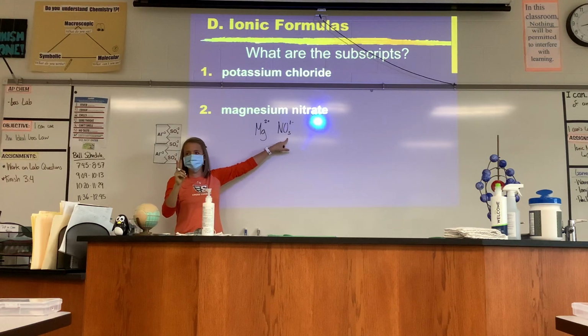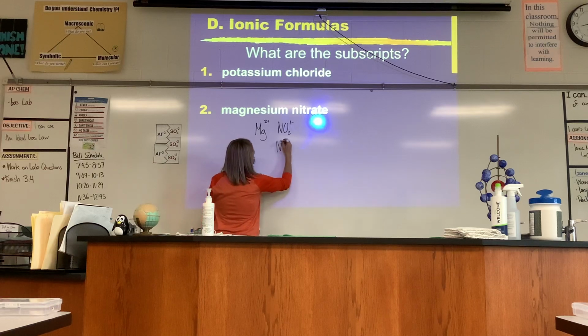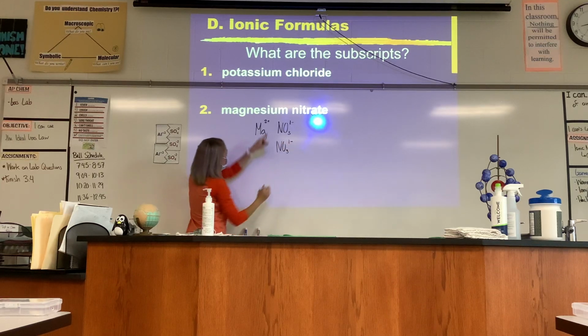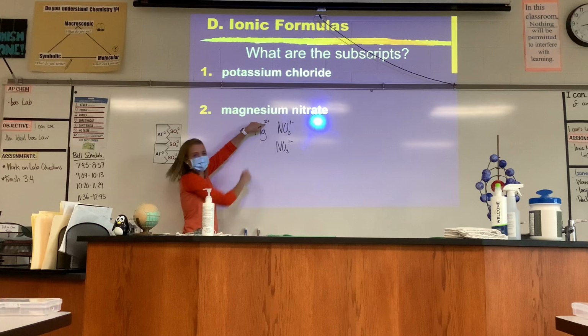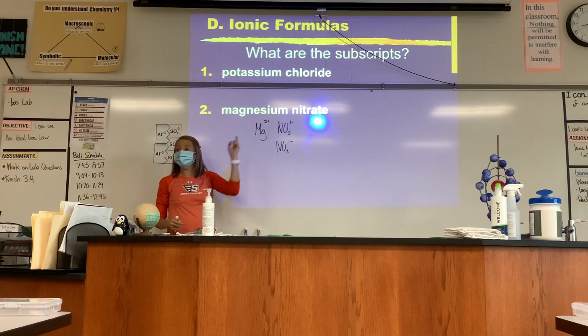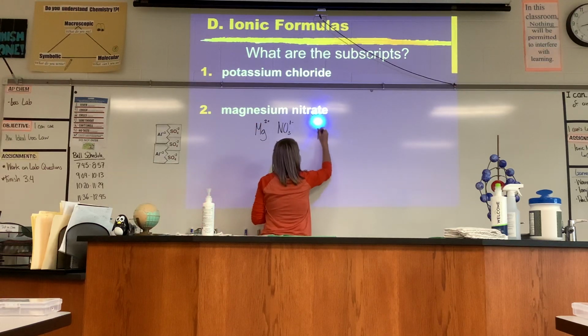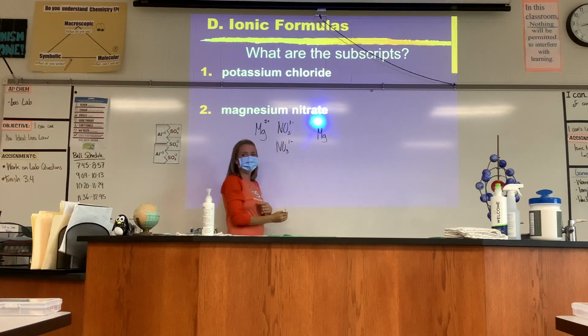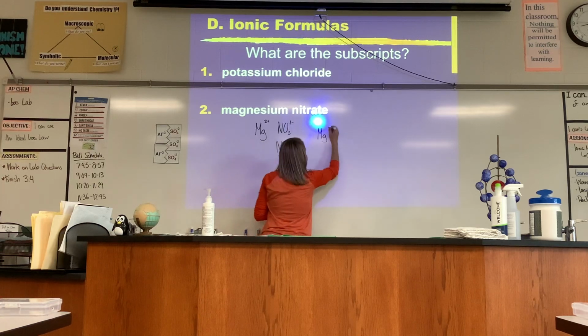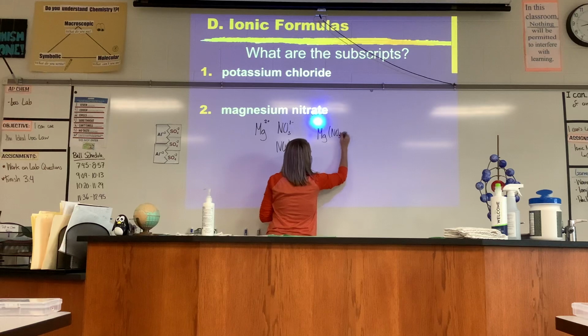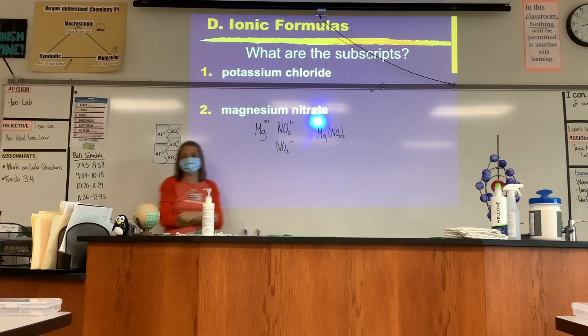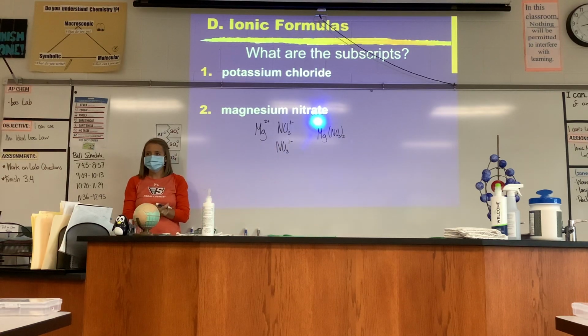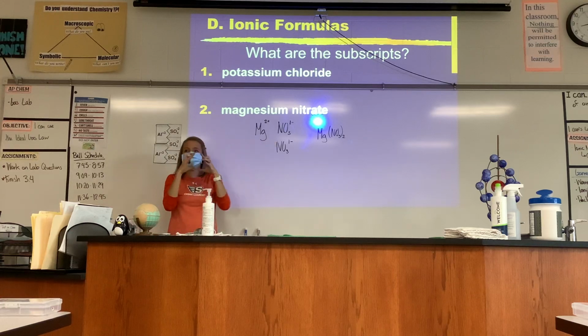Does everyone understand that? I'm just going to draw a second one just so we can see, because we need 2 of those to balance out 1 of those. The way we write that is you write 1 Mg, (NO3), 2 outside. Because notice this thing is a set.